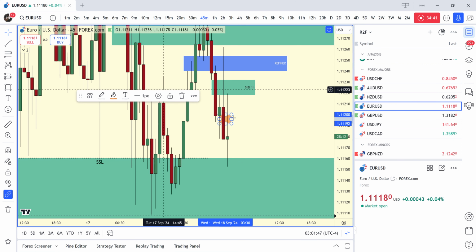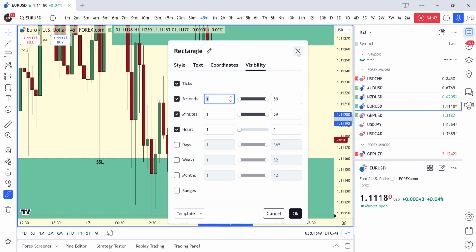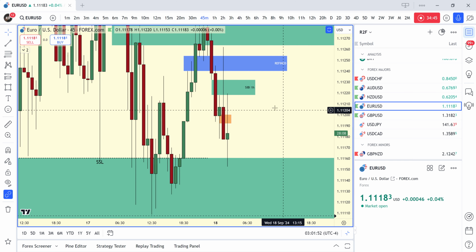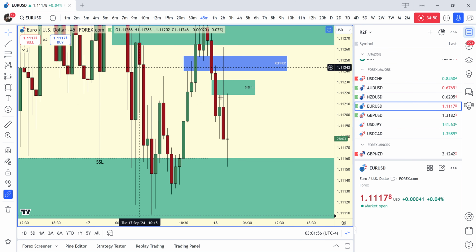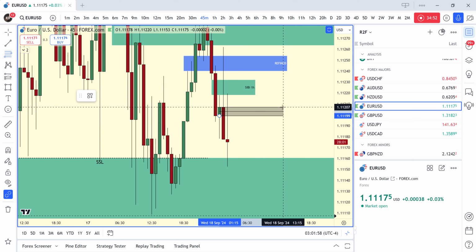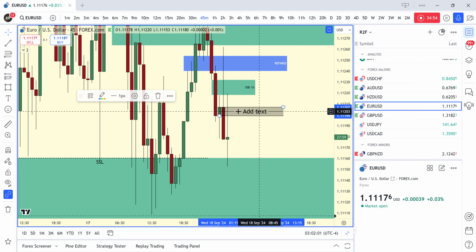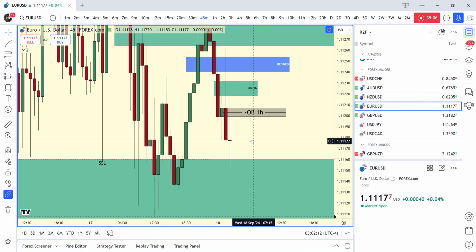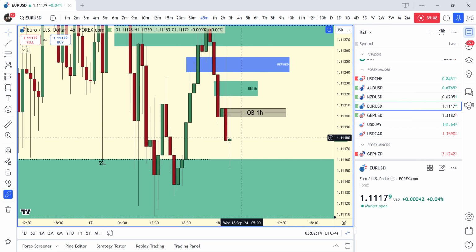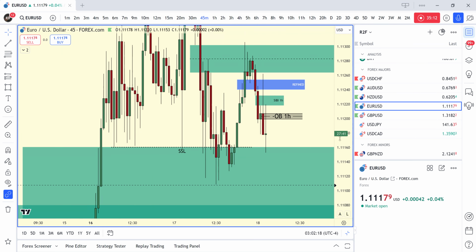I don't know what that is. 5 minute gap, whatever. So now of interest, this gap here. Okay, not gap, it's PD array. We created it on this red candle. Now this is the next candle, and you should respect it. Okay, such a big wick.